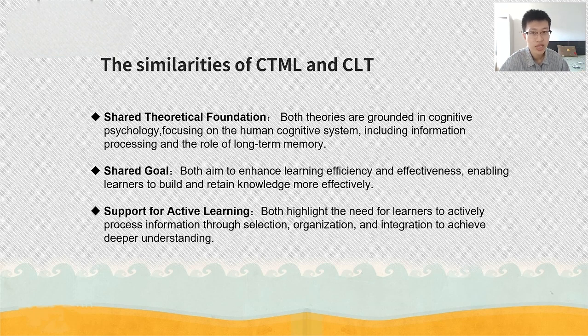Shared goal: both aim to enhance learning efficiency and effectiveness, enabling learners to build and retain knowledge more effectively. The last is support for active learning. Both highlight the need for learners to actively process information through selection, organization, and integration to achieve deeper understanding.